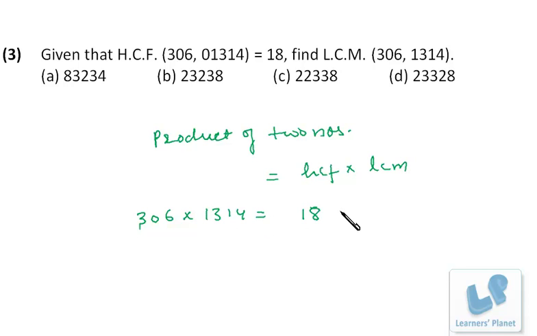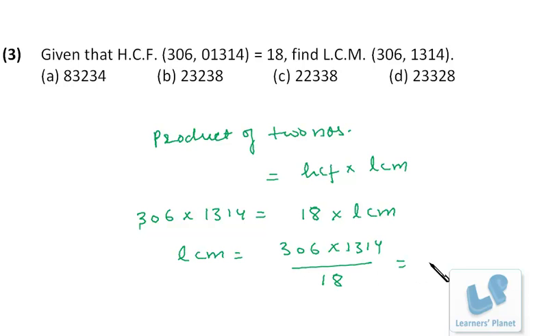HCF is given to us as 18. So we can find out the LCM. So LCM will be equal to 306 into 1314 by 18, right? So if we calculate that, we will be getting 22338, right? This. Okay. So this is how we can calculate the LCM of two numbers when their HCF is given.